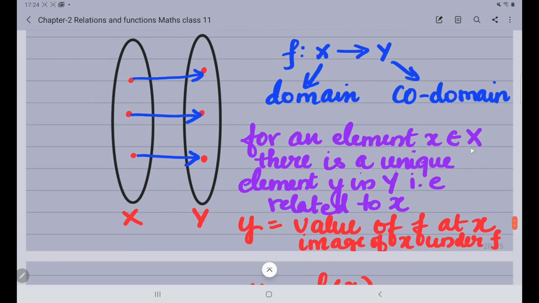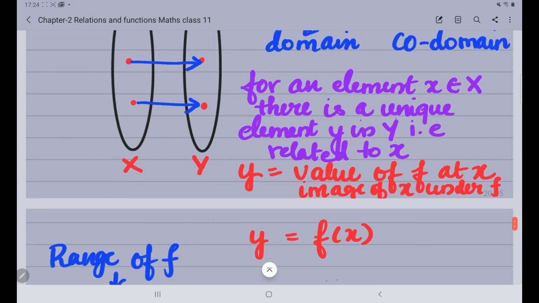So for an element x belonging to X, that is the first element, the domain, there is a unique element y in Y, where small y belongs to Y. So this y can also be said as the value of f at x, because it is a function, right?